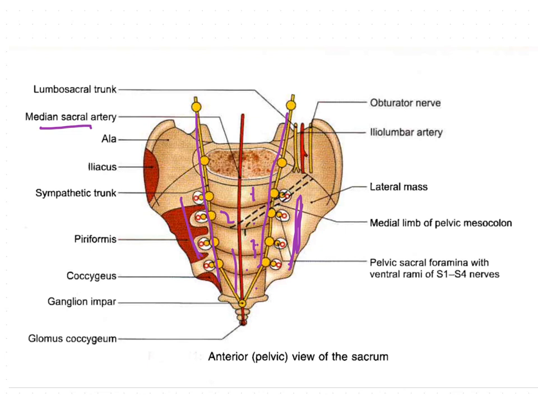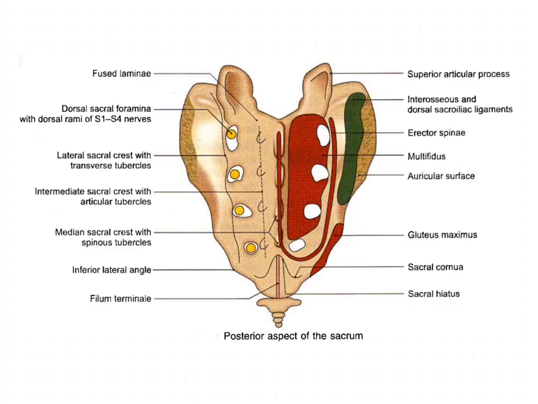Now coming to the dorsal view. That is the dorsal view or the posterior aspect of the sacrum here. So if you see, the dorsal surface is rough, irregular and convex.